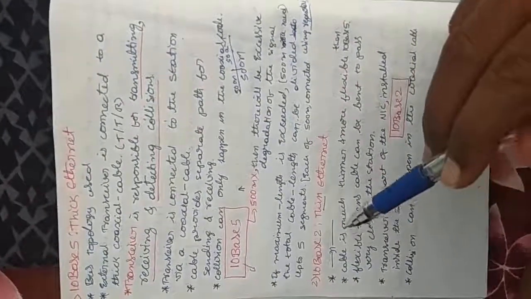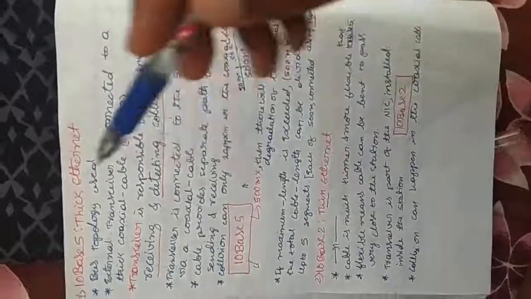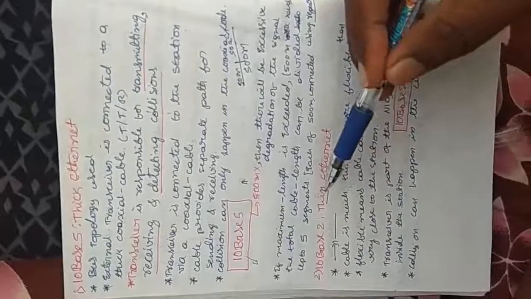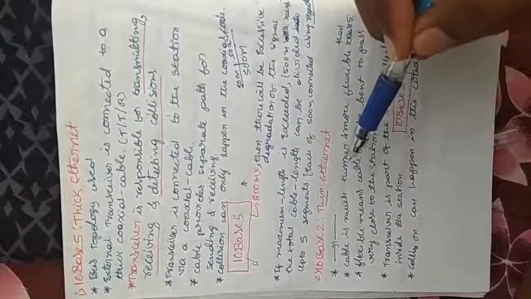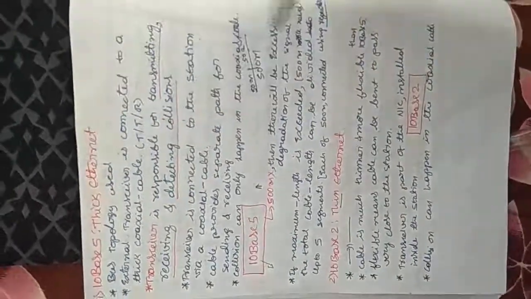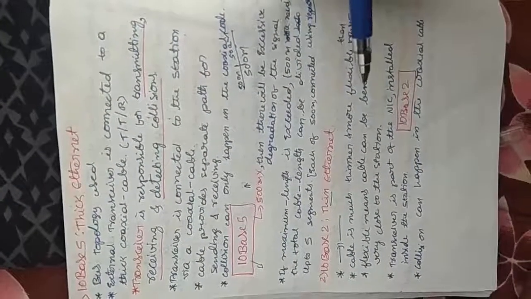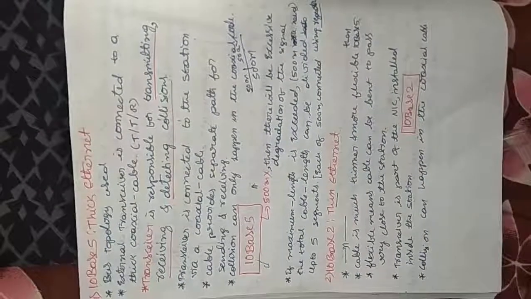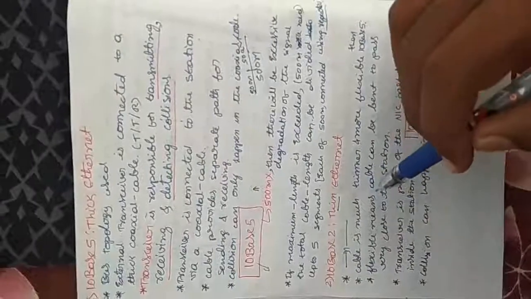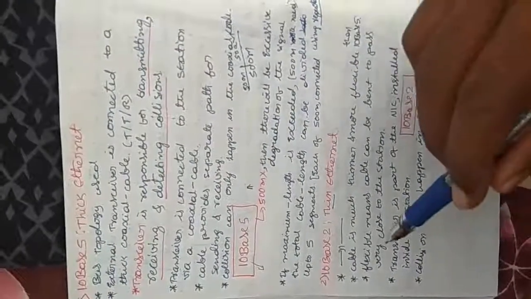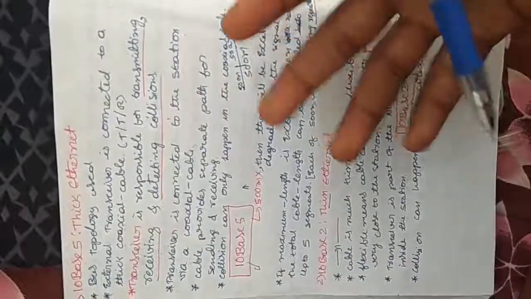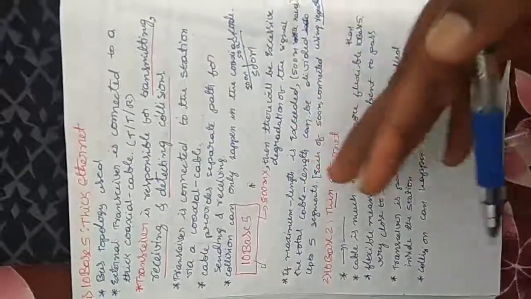Thin means it is thinner than the thick coaxial cable, and more flexible. Flexible means the cable can be bent easily to pass very close to the station.